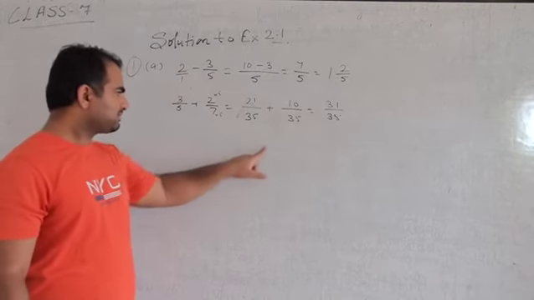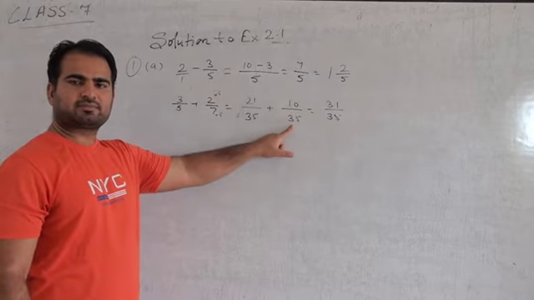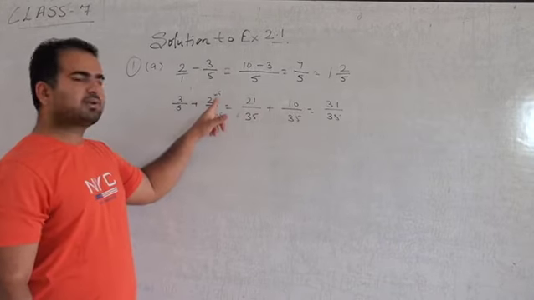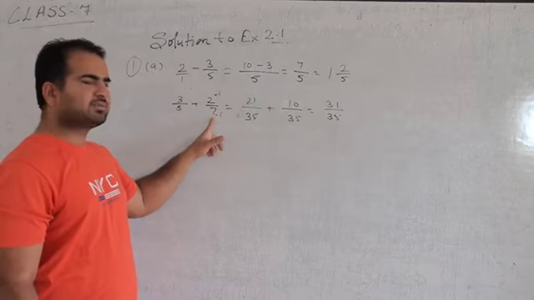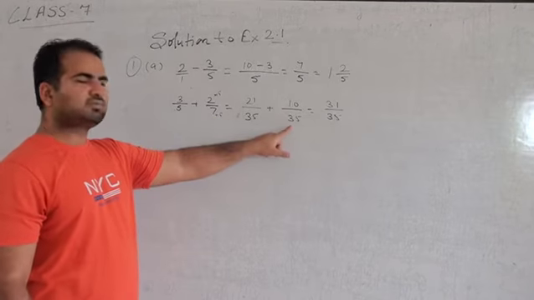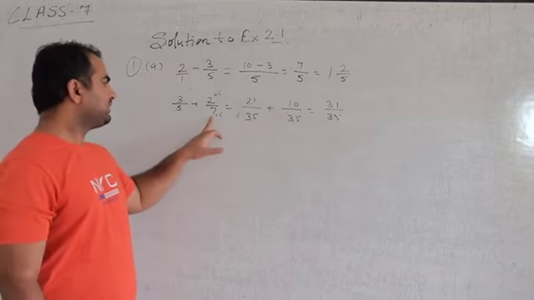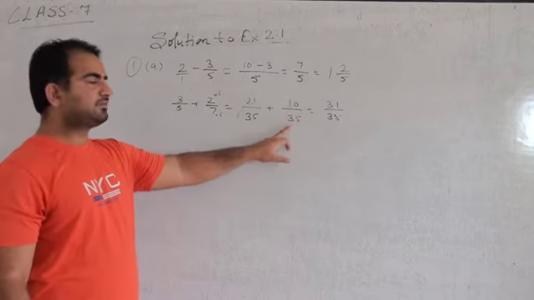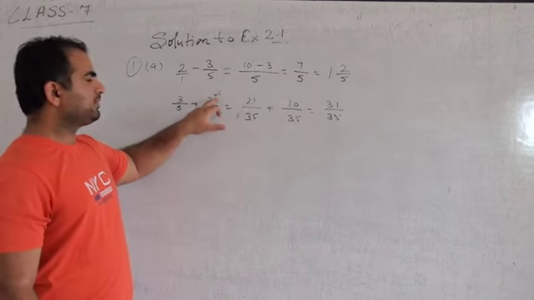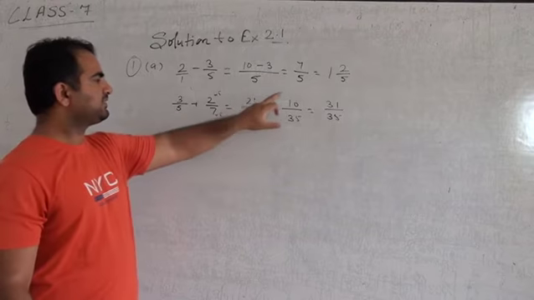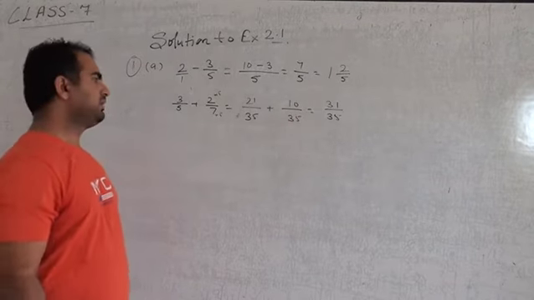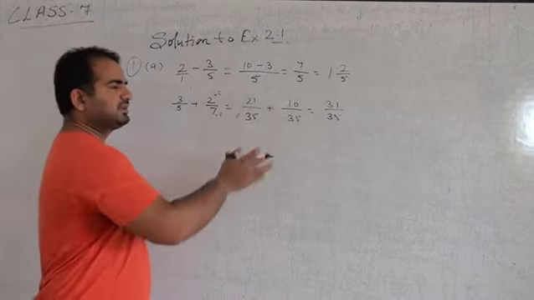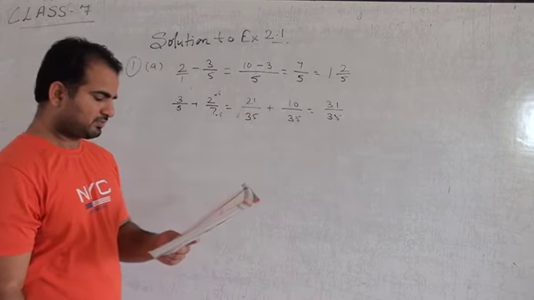And 7 is made 35 by multiplying with 5, so the above numerator will also be multiplied by 5 to become 10. Then we have just added them and given the answer.